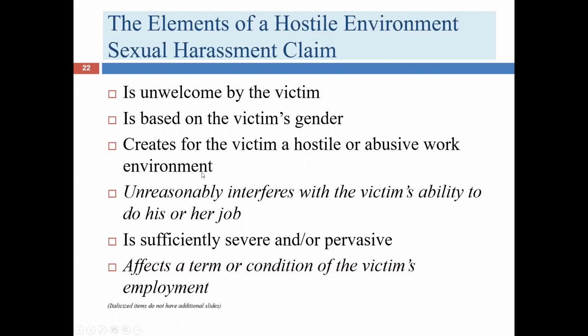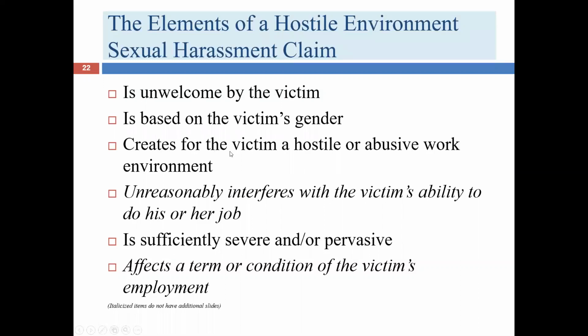We need to have all six of these in order to have a colorable claim of sexual harassment, hostile work environment, that will potentially be successful. Sexual harassment has to have been unwelcome by the victim. It has to be based upon the victim's gender.